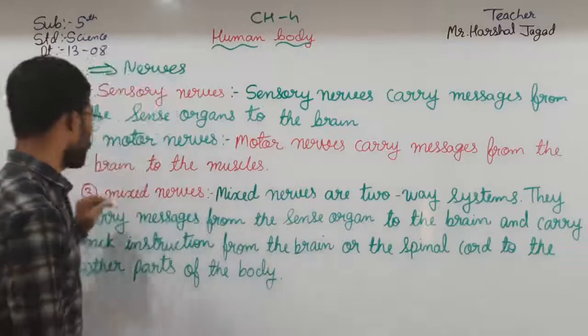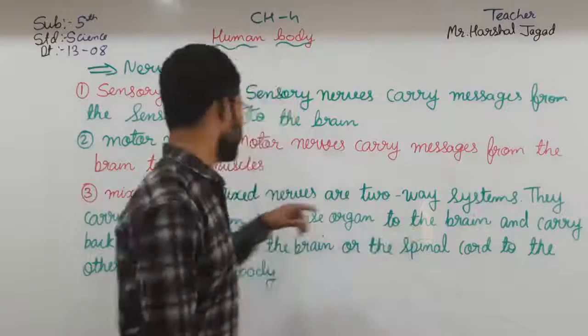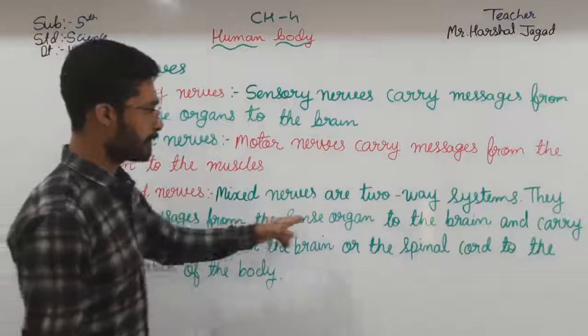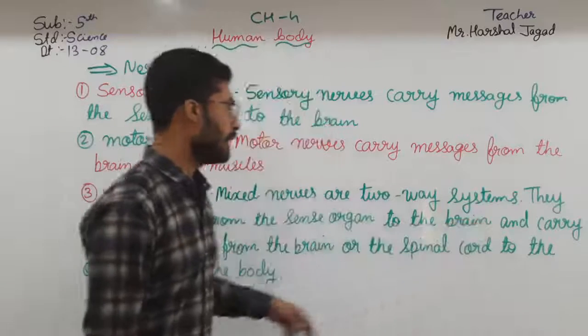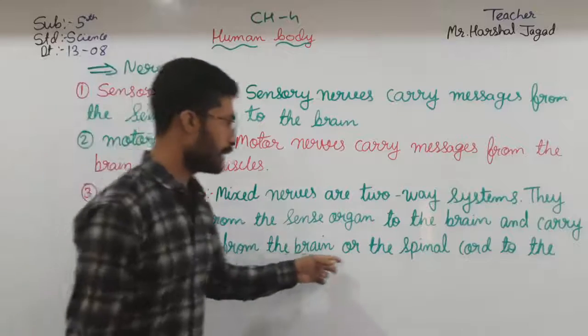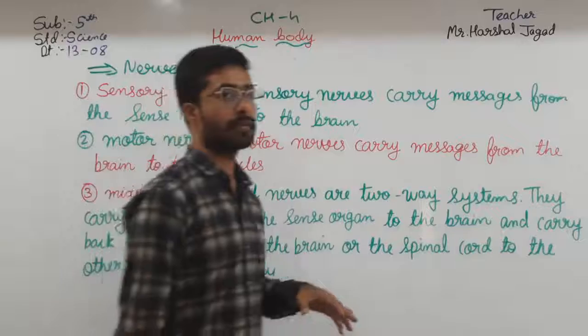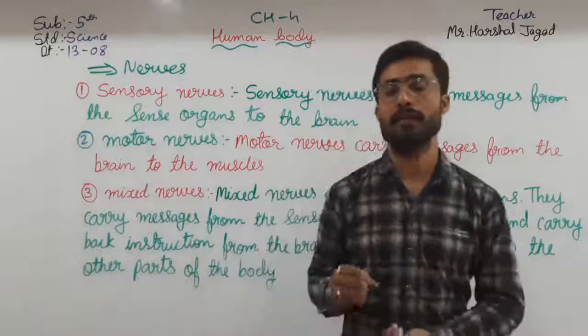Then mixed nerves are a two-way system, that is, they carry messages from the sense organ to the brain and carry back instructions from the brain or the spinal cord to other parts of the body. Okay, so the nerves are divided into three types.